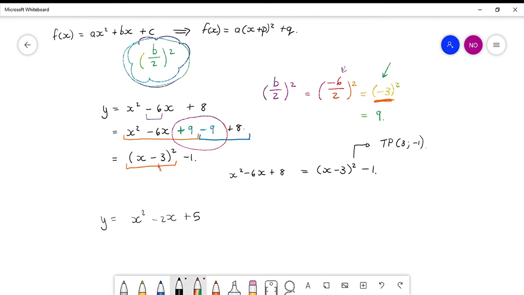Okay. The first thing we do is this. B over 2 squared. What is B? Negative 2. Which simplifies to negative 1. Which I'm going to keep there because I'm going to use it later. But do you guys agree this is equal to 1?